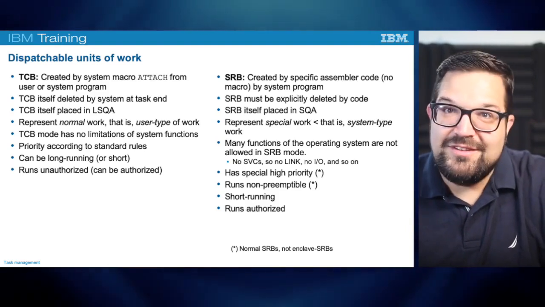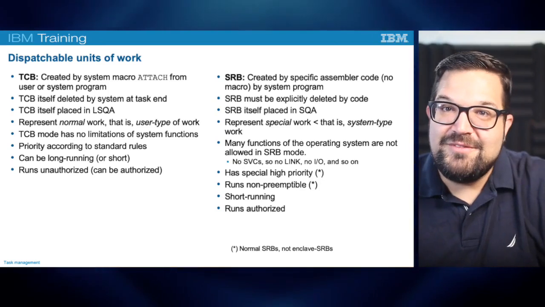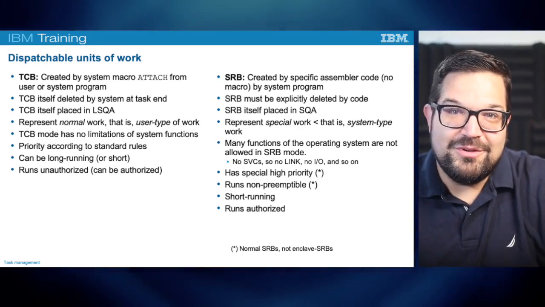And since they run until completion and there is no need to save their status, there is a very limited required control block setup. In the next section, we'll talk about enclaves, Prism, and CPU management.